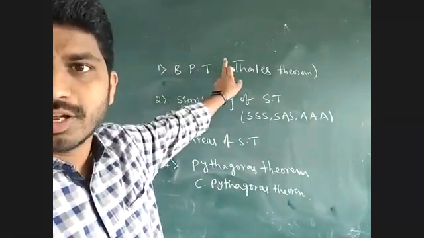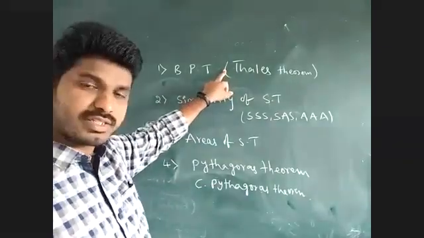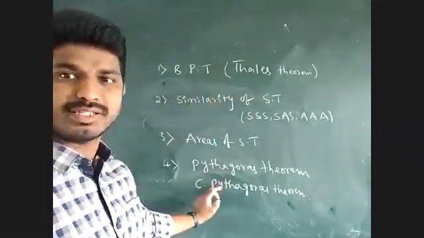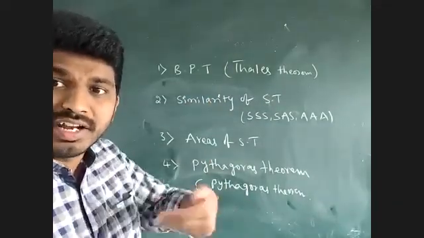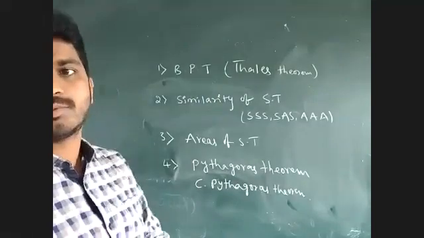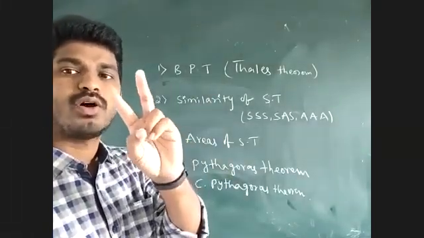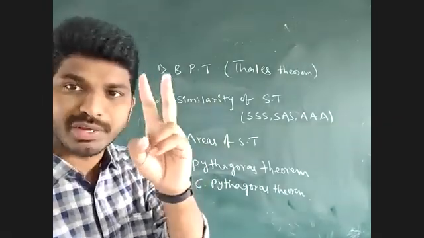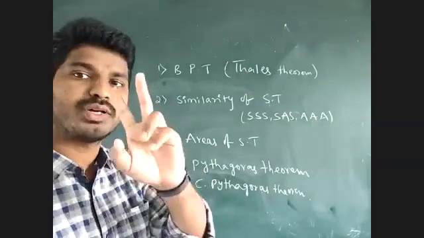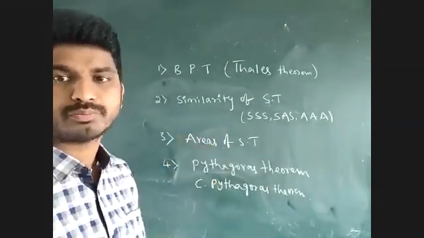That's why Thales is the first scientist and Pythagoras is the second Greek mathematician. They named the theorems after themselves. The first one is basic proportionality theorem, the second one is Pythagoras theorem. These two theorems are very, very important in this chapter.